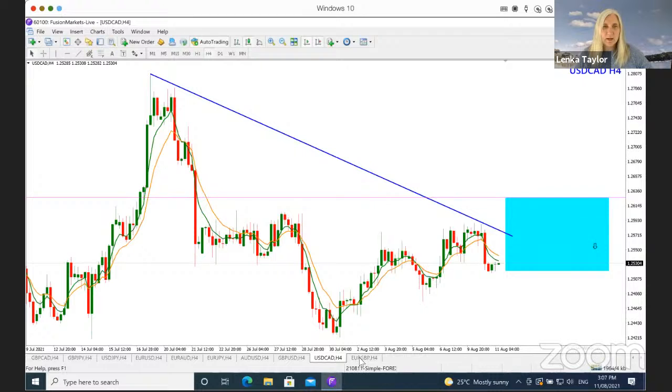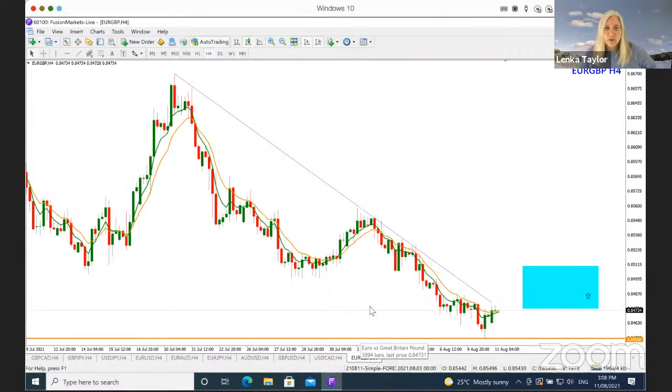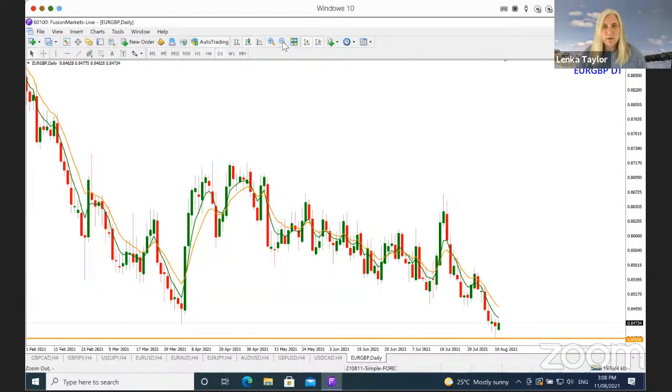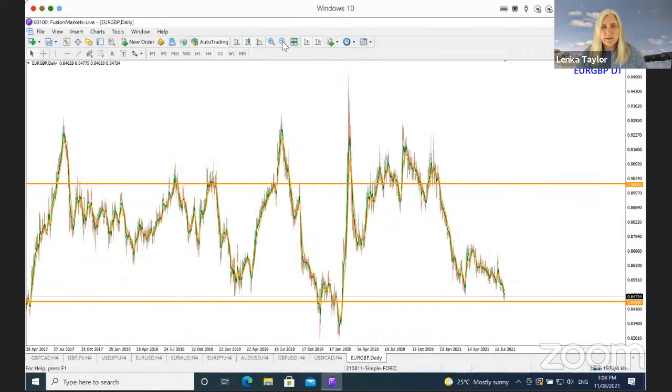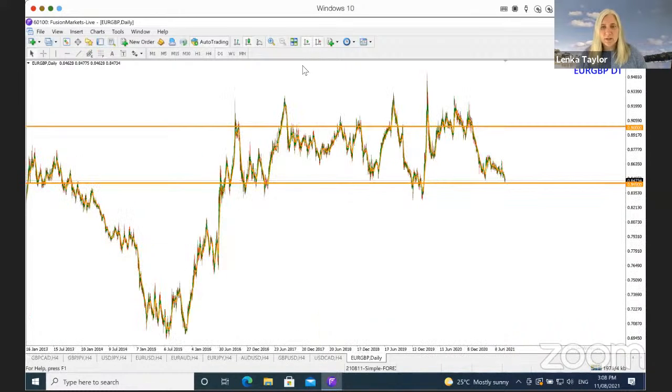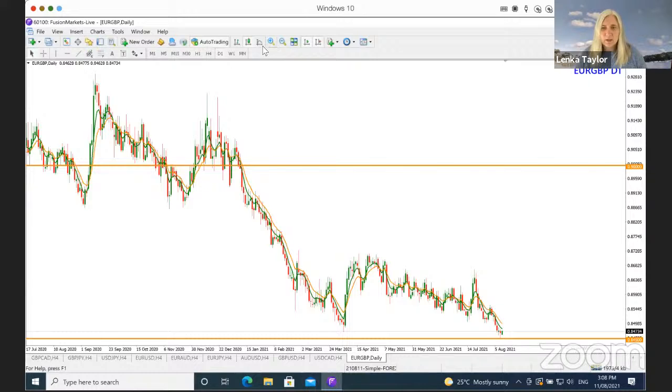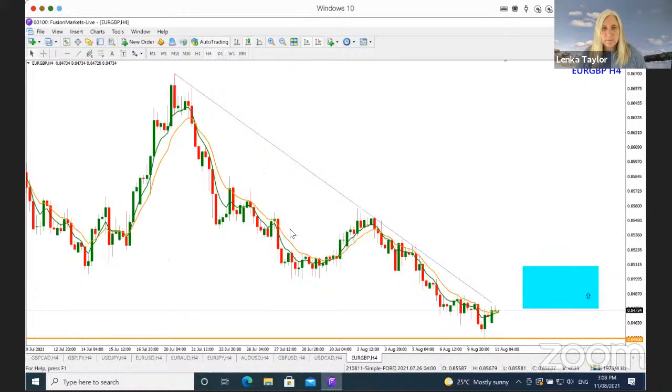And the last currency pair I'm going to have a look at is EURGBP. EURGBP, I'm looking for long. On the daily, it's been in a bit of a range. So I'm looking to see the reversal around this area, if there is any. So just waiting for that. At the moment, there was a little bit of a plateau here, but it didn't quite reverse, only a little bit.